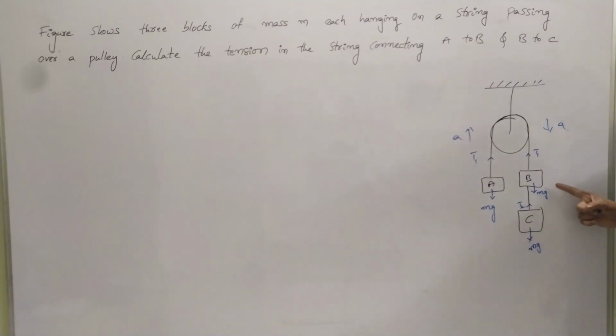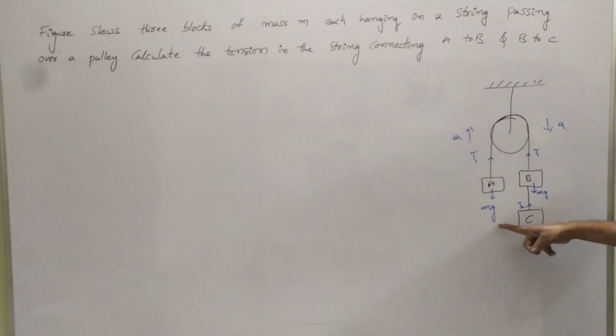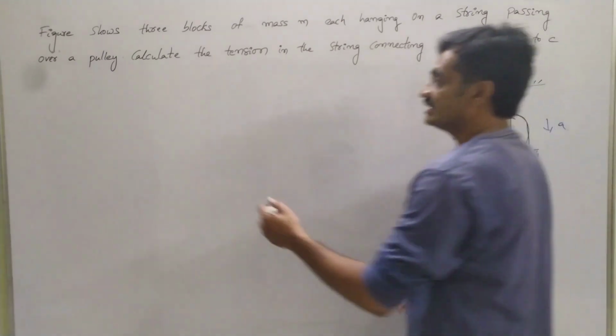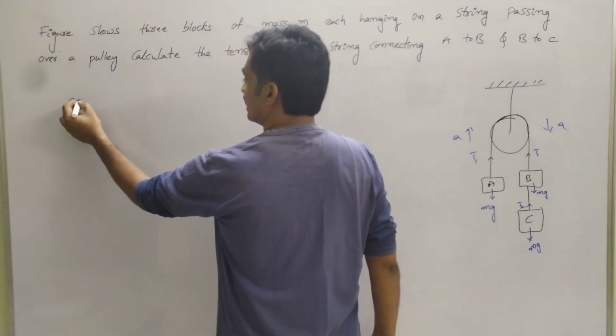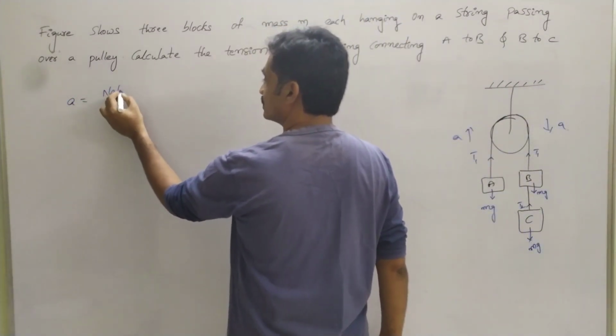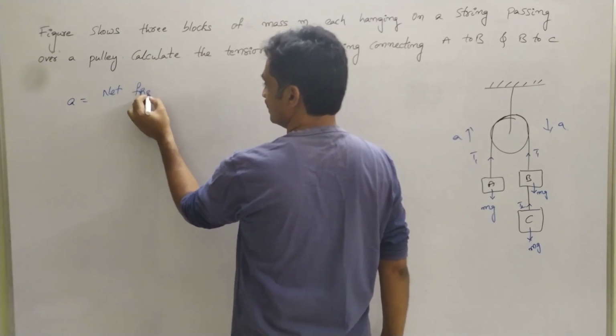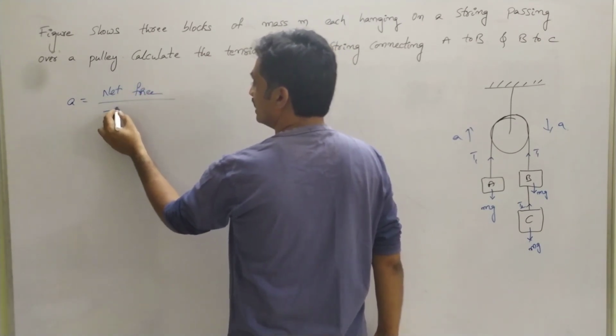Observe that here the weight mg plus mg is acting in this direction. So the force due to masses m and m of blocks B and C is 2mg, and the force due to block A is mg. So based on that, the common acceleration is given as net force by total mass.